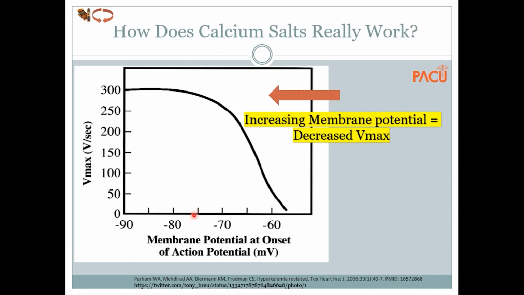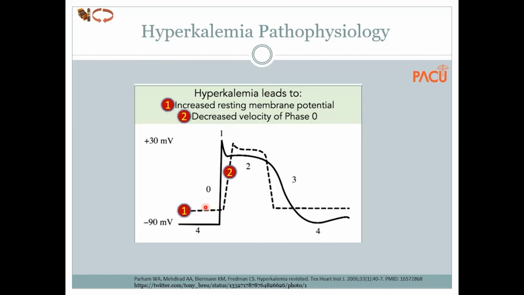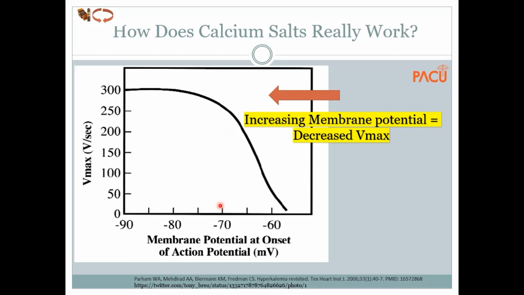Another way to look at this is that you have a Vmax of 300, which is the max, at negative 90. But as you move to a less and less negative potential, you start to see that decrease in Vmax. We see this move slowly this way compared to it moving straight up and having a really strong Vmax at about 300 millivolts.